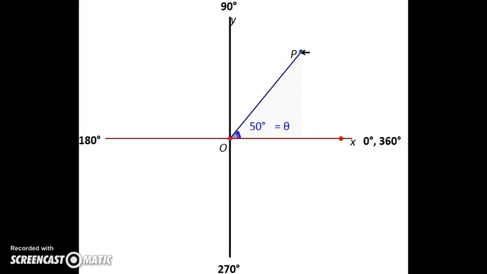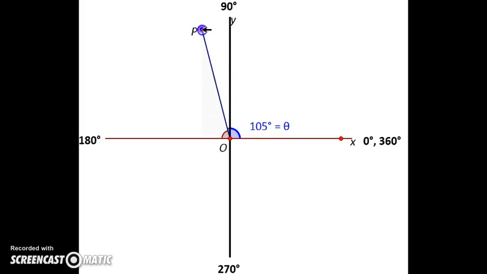For this course, usually approximating the position of the terminal arm will be good enough. Recognize that 50 degrees in this case is a little closer to the 90 degree line than it should be to the 0 degree line.